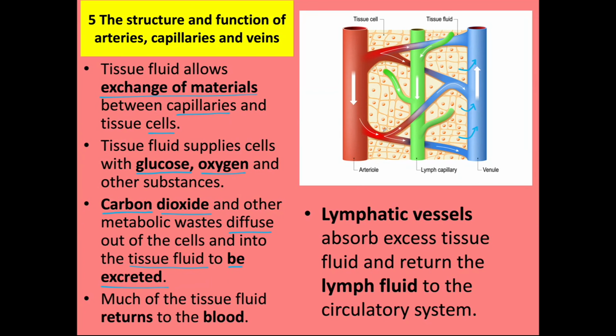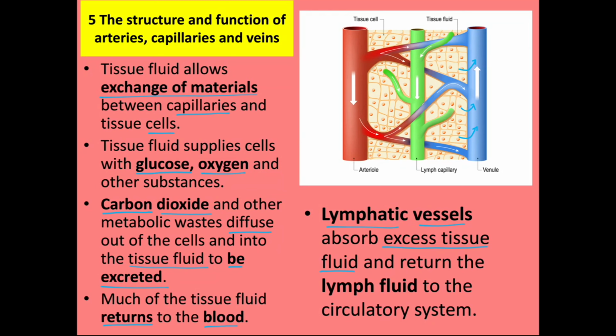However, much of the tissue fluid, the fluid that surrounds these cells, returns to the blood. Most of it returns to the blood. However, in circumstances where we have excess tissue fluid, for whatever reason, the pressure filtration of the plasma becomes too much and the tissue fluid builds up, we can absorb any excess tissue fluid through these lymphatic vessels.